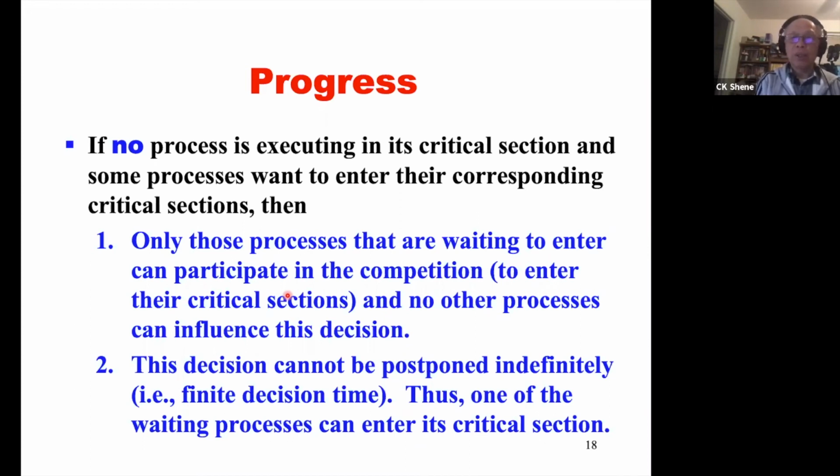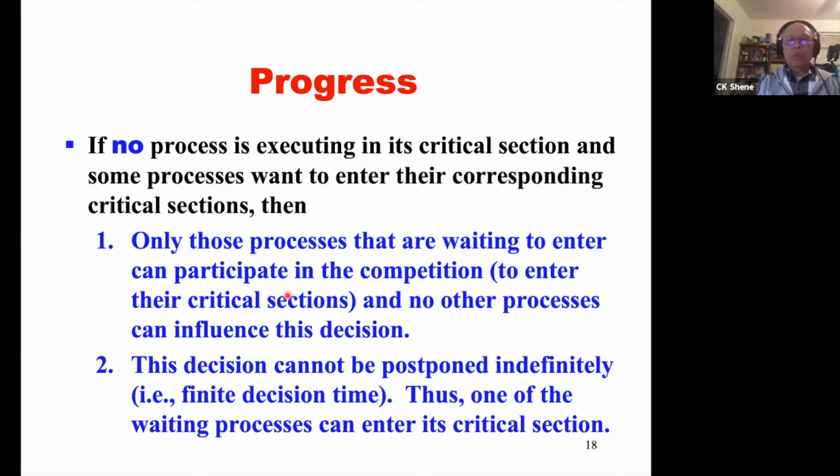I usually use this not so polite example. Suppose you want to get into a restroom because nature is calling. Currently, 3 people are waiting to enter that available restroom. So the first condition states that only those 3 waiting students can decide who of them can enter.